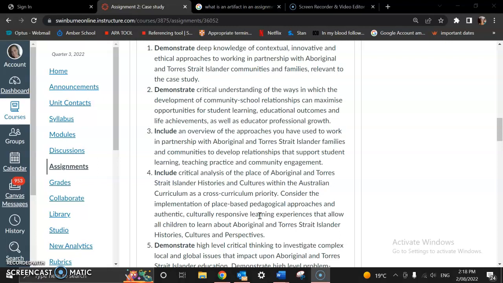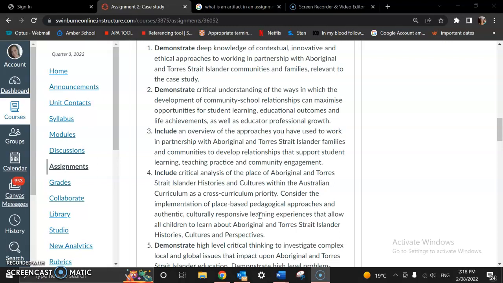So this is where we're talking about place-based pedagogy. So you want the context. So to connect to Indigenous students in your class, to connect them to the land they're living on, their traditional land, you need to include the land that you are on as a school and a classroom. And if you're not currently, this is fictitious, if you're not in a school currently, you can use the traditional custodian land where you live.